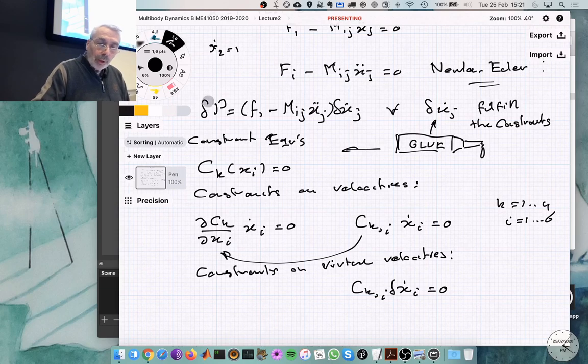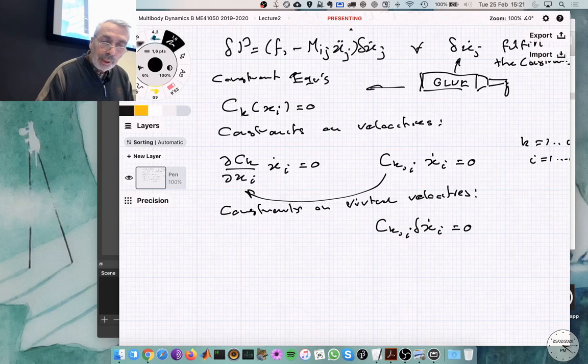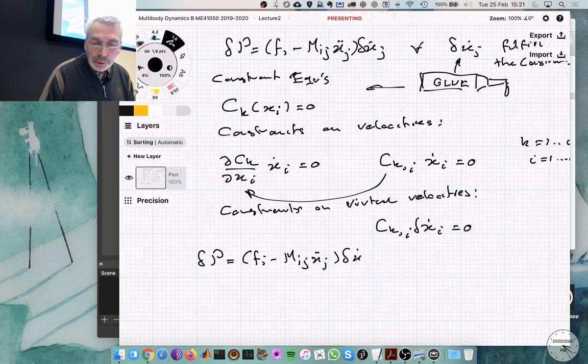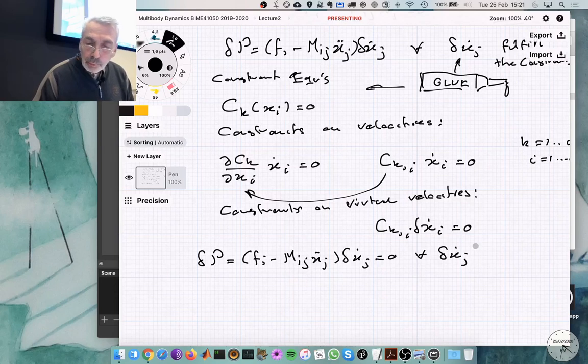So now we know we have our virtual power, and we have our constraints on these velocities. So now we can rewrite the whole thing. We say the virtual power, which is F_i minus M_ij x double dot j times virtual velocity j, should be 0 for all virtual velocities j where c_k comma j delta x dot j is 0.